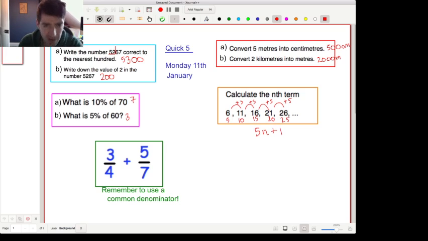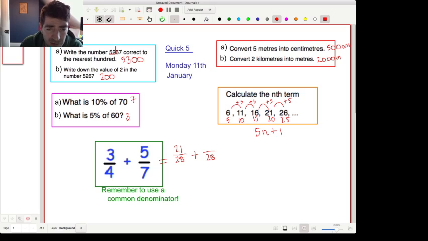And the green one is to add these fractions together. We've got quarters and sevenths, so our common denominator is going to be 28ths. So the first fraction we need to times the denominator by 7, which means we must also times the numerator by 7. So 3/4 is equivalent to 21 over 28. And the second fraction, we've timesed the denominator by 4, so we need to also times the numerator by 4.